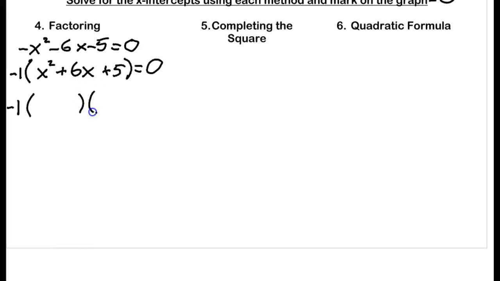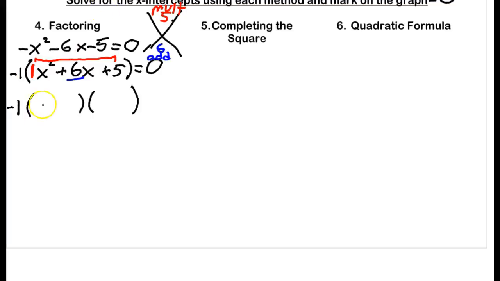Here's where we ask ourselves, what two numbers multiply to a times c, 5 times 1 which is 5, and add to b, 6. You have to add to the b and multiply to a times c. Make sure you do the a times c as well, not just the c, but those two multiply together.